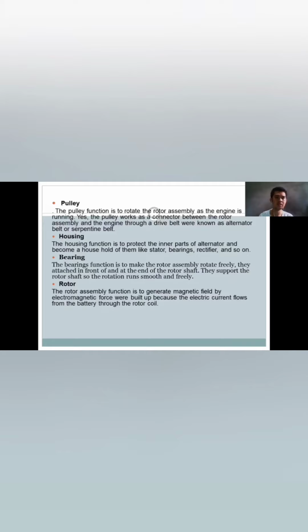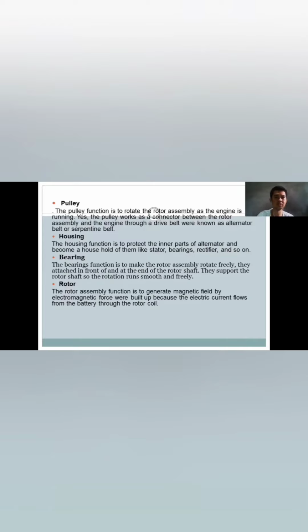The pulley's function is to rotate the rotor assembly as the engine is running. The pulley works as a connector between the rotor assembly and the engine through a drive belt, known as the alternator belt or serpentine belt.